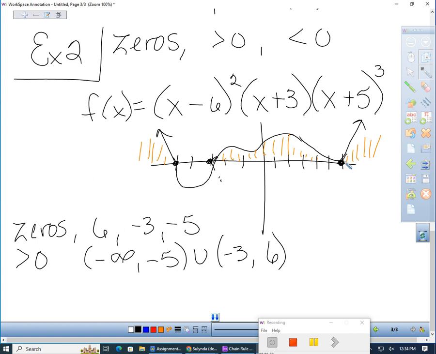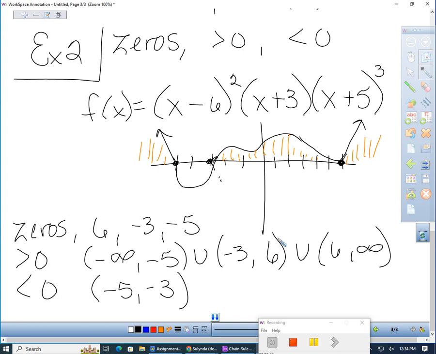It's not greater than 0. And then from 6 to infinity. When we are less than 0, that happens from negative 5 to negative 3. If you're looking for it and it bounces off, you've got to stop at that spot because it equals 0 there.